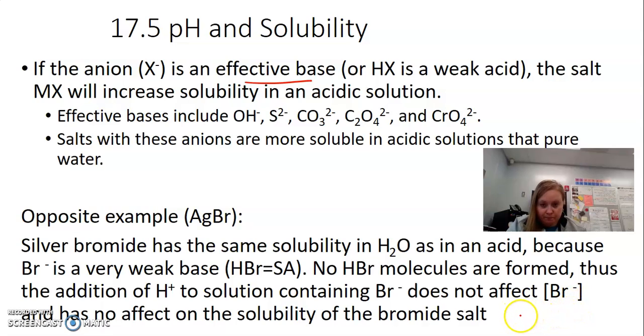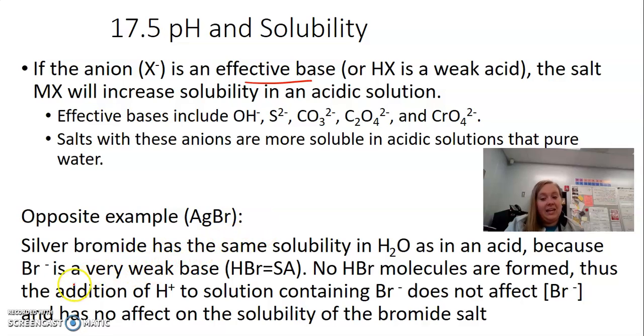And so therefore it has no effect on its solubility. Again, just to summarize this, if you have an effective base, or an anion that comes from a weak acid, the solubility of the salt that's made with that anion is going to increase when you try to dissolve it in an acidic solution.